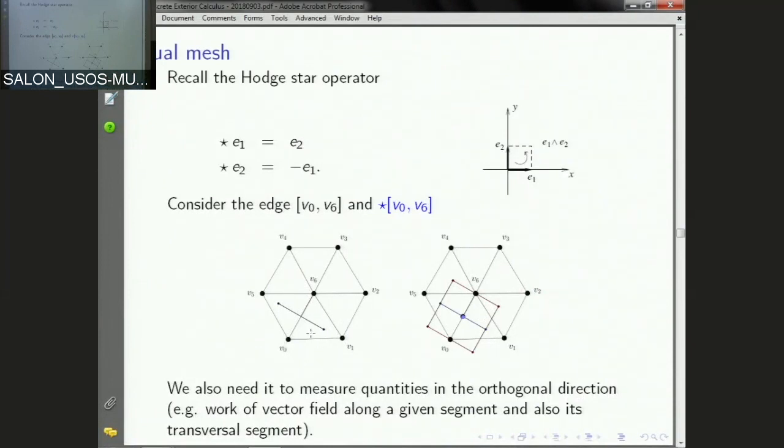However, many a time, we will need to know not just the directional derivative along a certain direction of the edge, but we also need to know what happens in the transversal direction. Let me say, for example, if you integrated a vector field along this edge, v0, v6, we still wouldn't have information about the work that is done in the transversal direction. So maybe it is useful to have a dual edge for when I need to know what happens in the transversal direction. Okay?